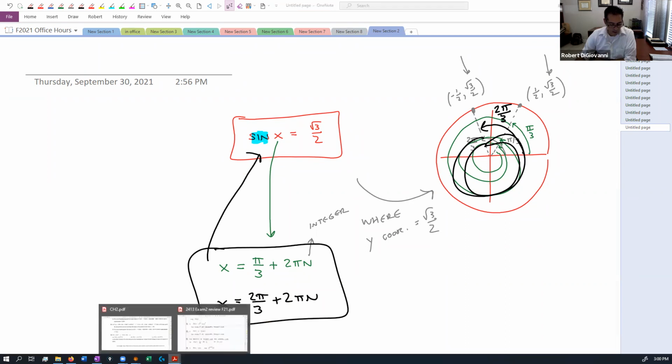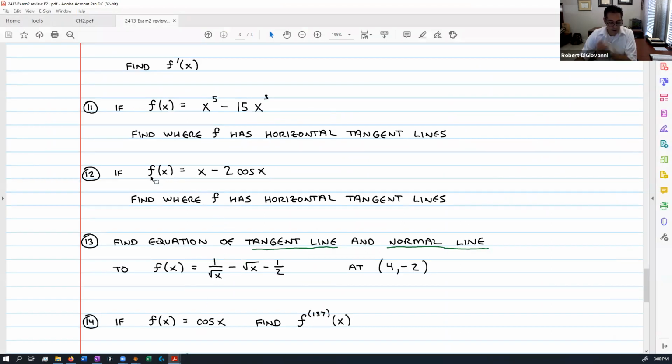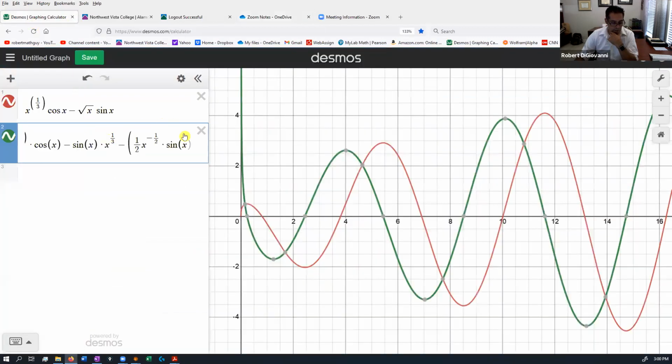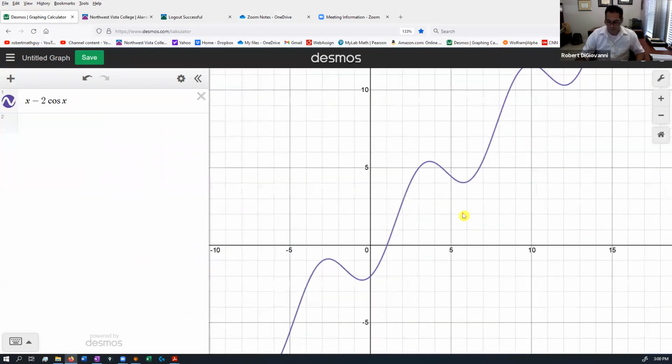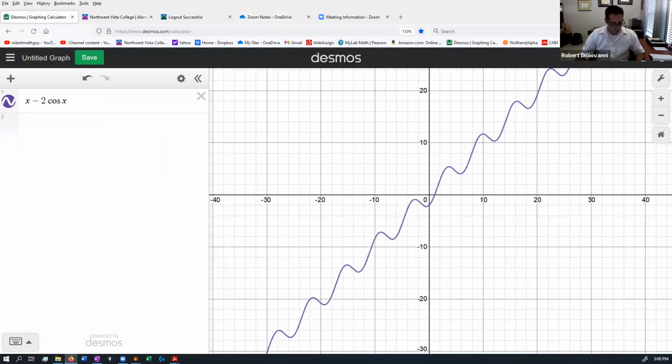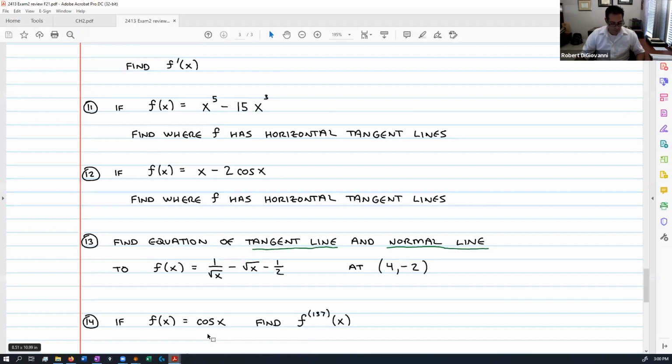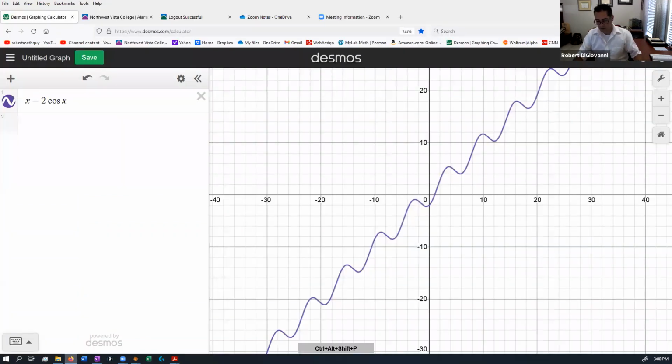So when you get to that problem here, if the original function is x minus 2 cosine x, here's the graph of that function. We are asking, where does this have horizontal tangents? Where are the tangent lines horizontal? So we go to the picture.